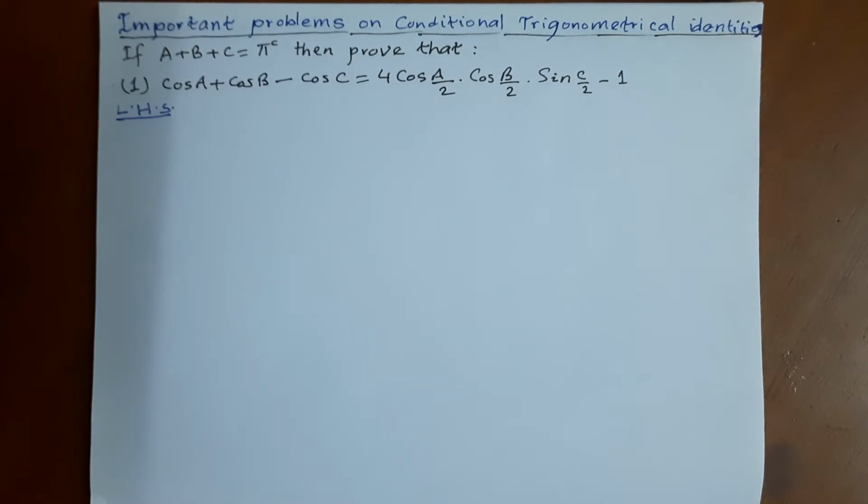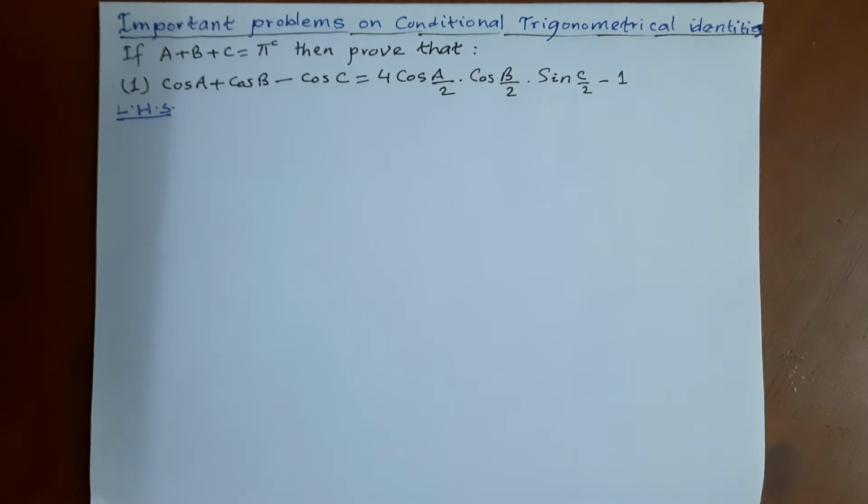Previously, the identities you proved were satisfied by any value of the angle. You could put any value of the angle and check using a calculator. But these conditional identities are satisfied only by certain values of the angle.